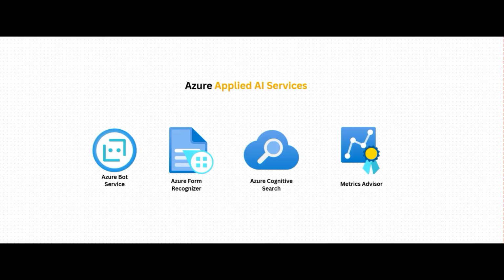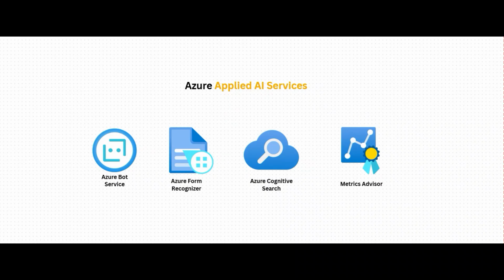Then number two, Azure Applied AI Services. These are domain-specific AI services built on top of cognitive services to solve more specialized business scenarios. For example, Azure Bot Service to build intelligent conversational agents and chatbots. Azure Form Recognizer to extract structured data from forms, receipts, or invoices.